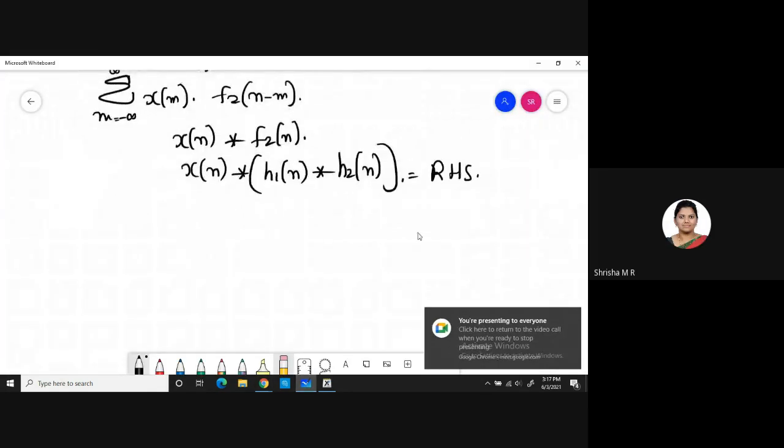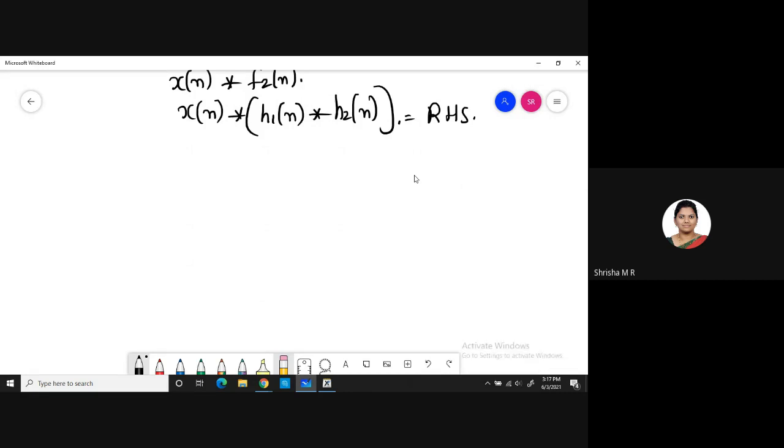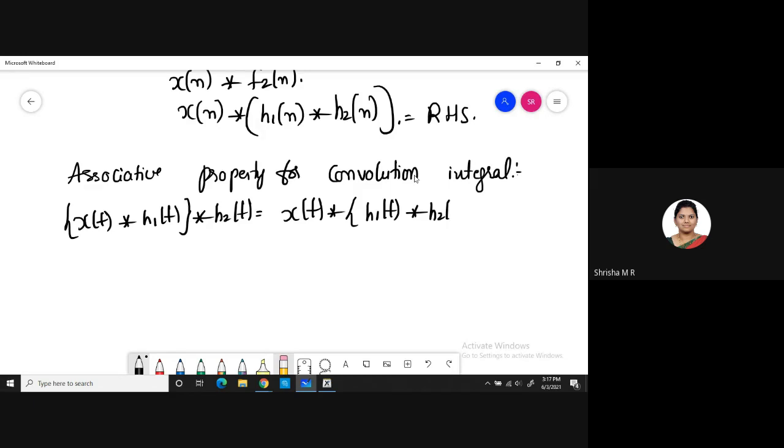So next you take down the associative property for convolution integral. Associative property for convolution integral. x of t convolved with h1 of t, I'll put a bracket for this, convolved with h2 of t is equal to x of t convolved with h1 of t convolved with h2 of t.